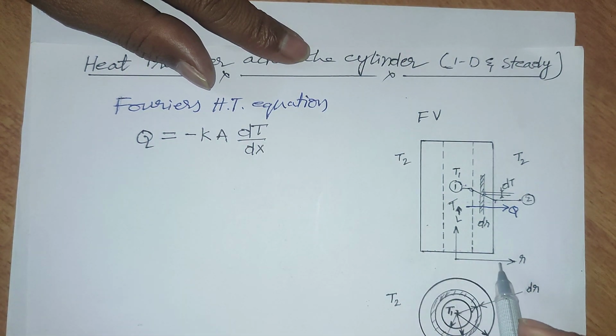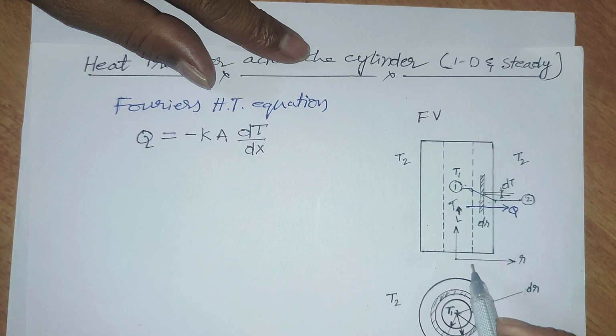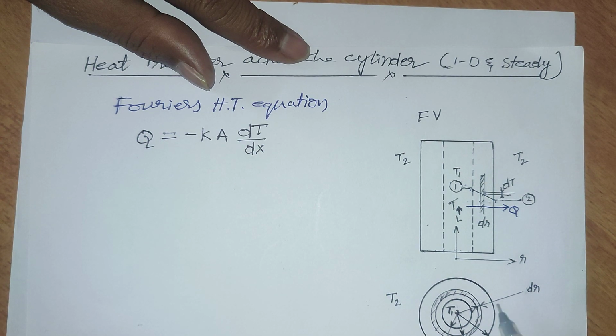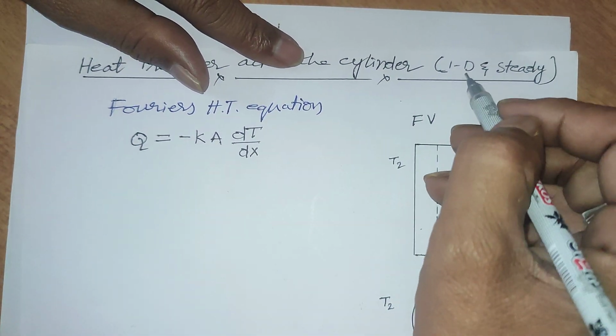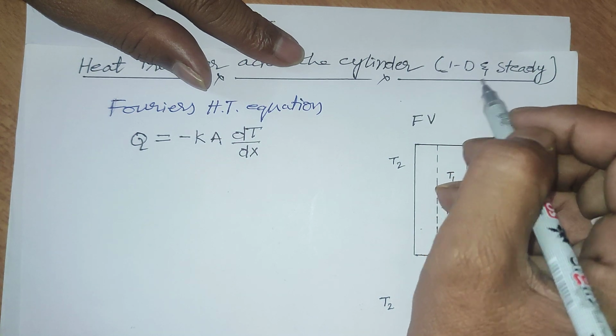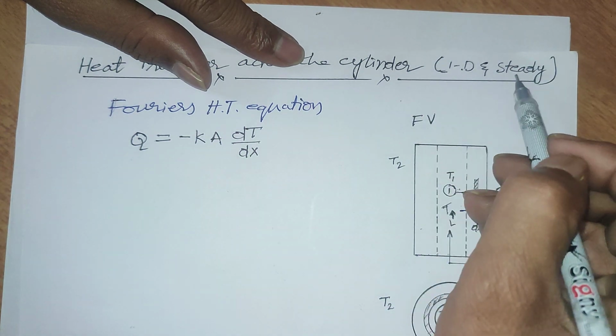So x is in the direction of polar coordinates, that is the radial direction. Anywhere in the radius heat is dissipating in all sides in radial directions, only one direction. So we are assuming it as one dimensional and steady flow.